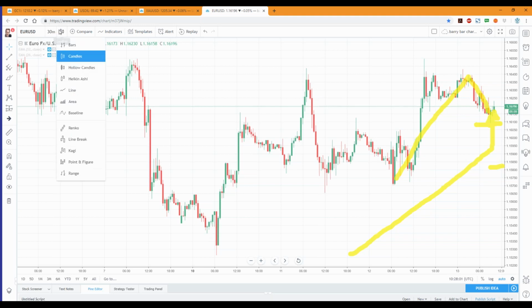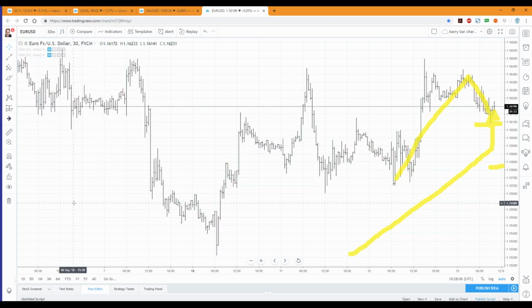Now, because I prefer bar charts, okay, I get the same view with my bar chart. I don't get the confusion of the reds and the greens. And when I'm putting lots of stuff on my chart, I like less stuff.